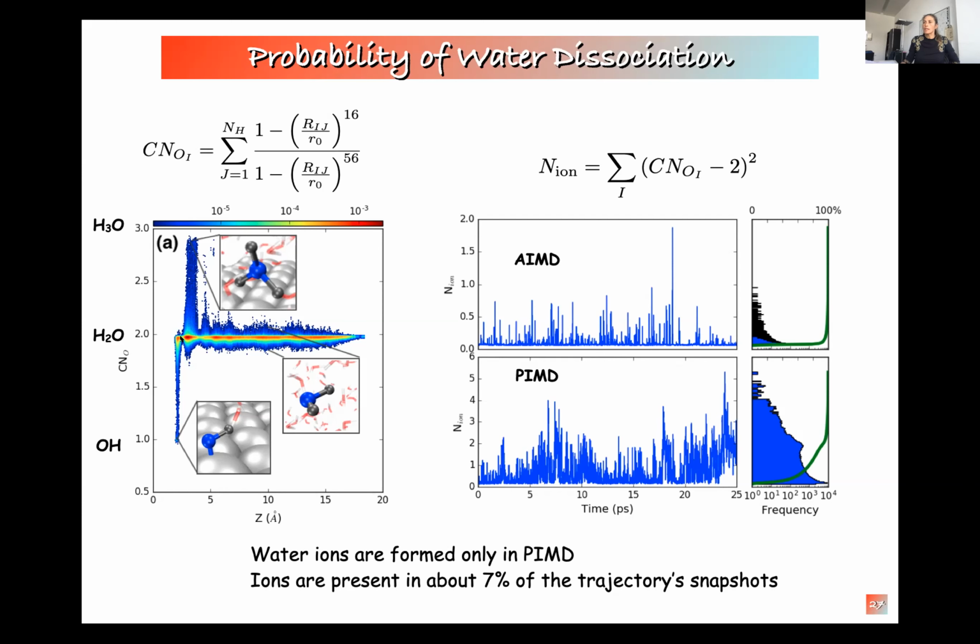As you see, this is how the coordination number changes as a function of the distance from the platinum surface, and this happens mainly at the interface. From this type of analysis, we can say that about 7% of the trajectory snapshots have the formation of this ionic species.